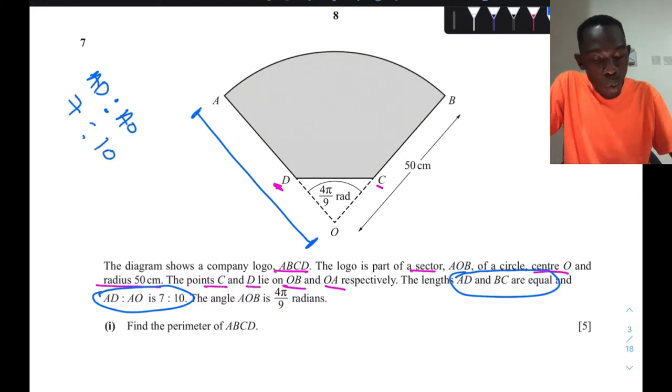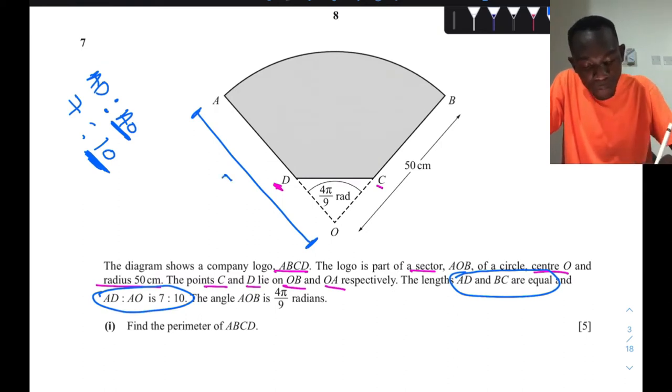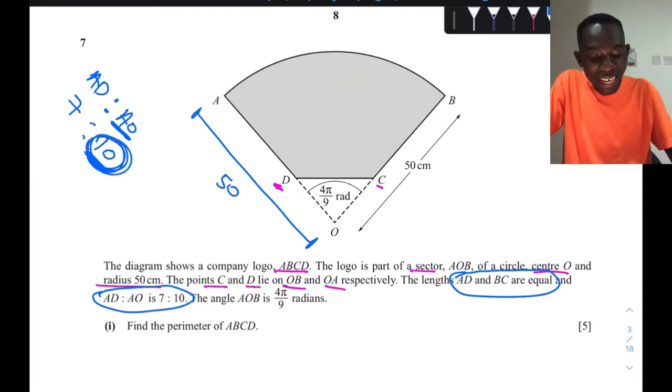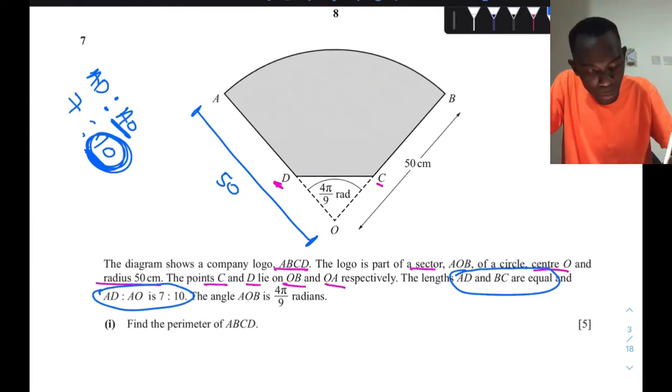So that means that OA or AO has been divided into 10 parts. What is the length of AO? Well, AO is a radius, so the whole thing should be 50. But if you divide 50 into 10, then each part is what? Yeah, 5, right? So each part is 5.